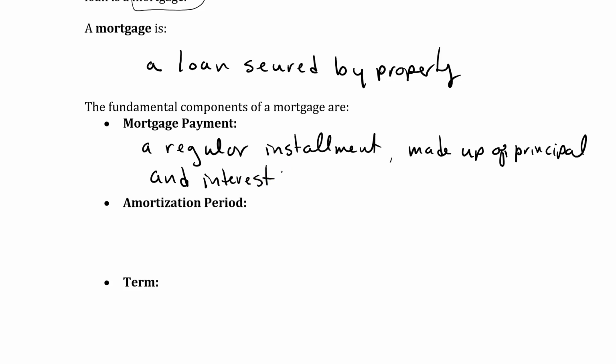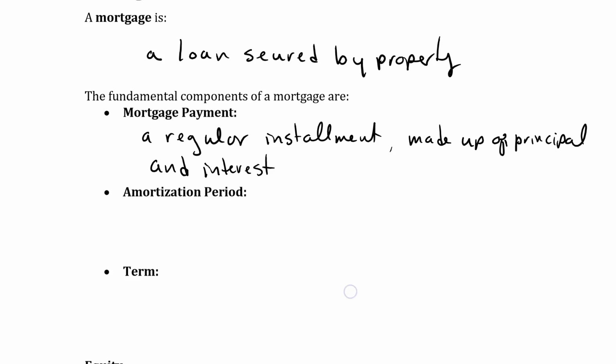Each mortgage payment is going to pay a little bit back to the principal of the mortgage. However, the majority of the payment, especially in the beginning, not so much in the end, goes to paying the interest on that loan, because it costs a lot of money, as we learned in the last lesson, to borrow money.